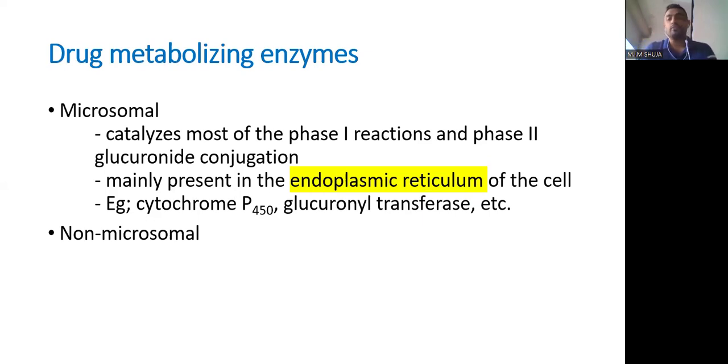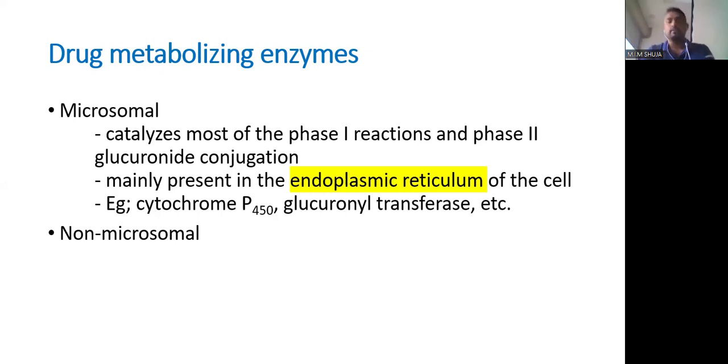The microsomal enzymes are present in the endoplasmic reticulum, and non-microsomal enzymes are not present in the ER, but can be present in the cytoplasm, cytosol, nucleus, and other parts of the cell.